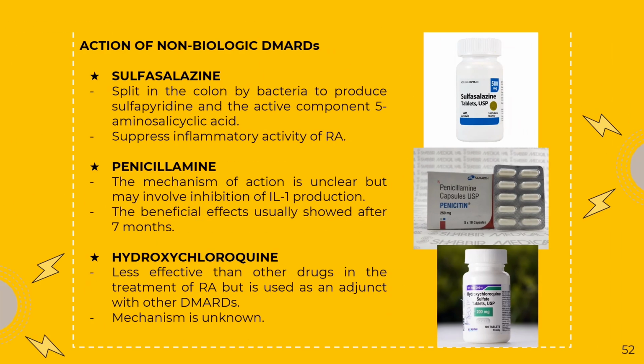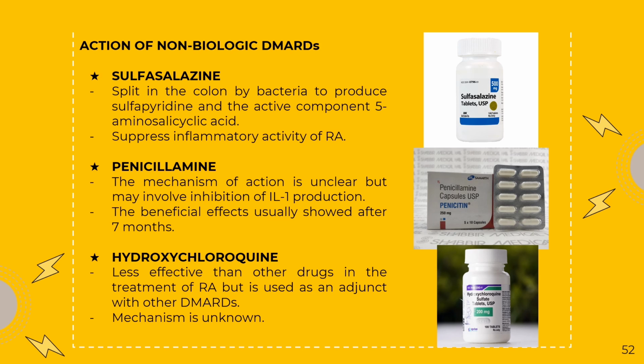The other non-biologic disease-modifying anti-rheumatoid drugs are rarely used, and some of them have unknown mechanisms. The second one is sulfasalazine. Sulfasalazine is split in the colon by bacteria to produce sulfapyridine and the active component 5-aminosalicylic acid.